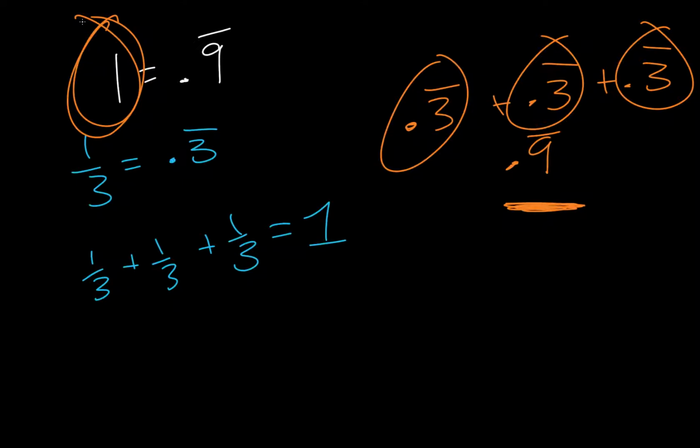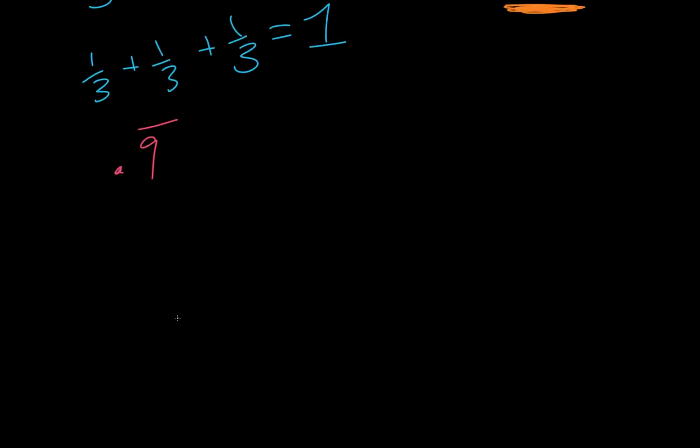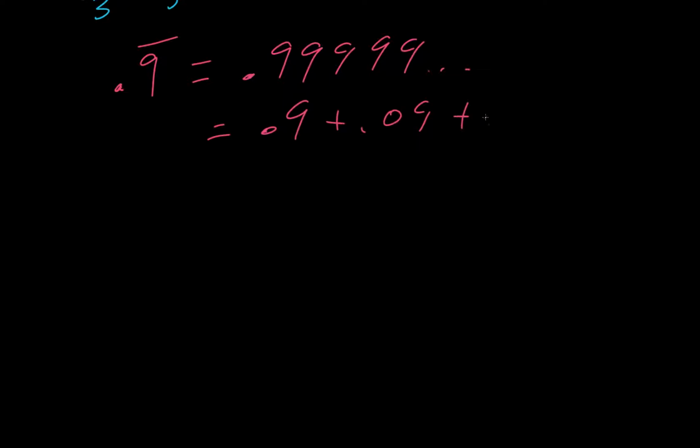Okay? All right, now we can actually prove this with the same method we used on example 31. So we're going to just write 0.9 repeating as a fraction, or as a rational number. So 0.9 repeating is 0.999, just a bunch of 9s forever. We can write that as 0.9 plus 0.09 plus 0.009 plus dot dot dot.